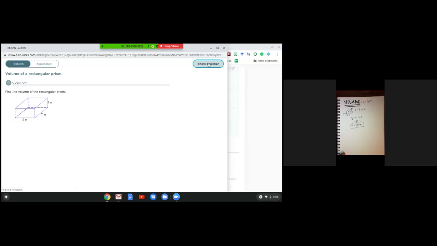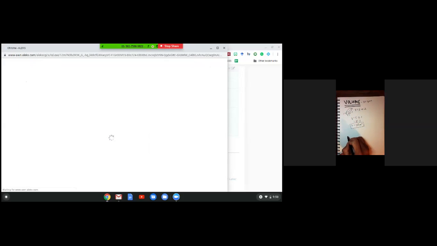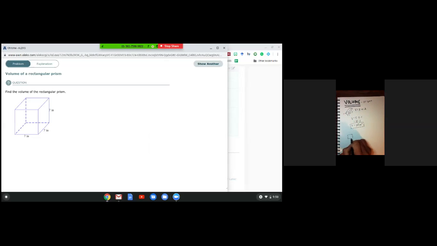Let's do another question. In this next picture, we've got 7 inches, 7 inches, and 7 inches. What kind of thing is this? It's still technically a rectangular prism, but it's also a cube because all the side lengths are exactly the same. We find the volume the same way, length times width times height.